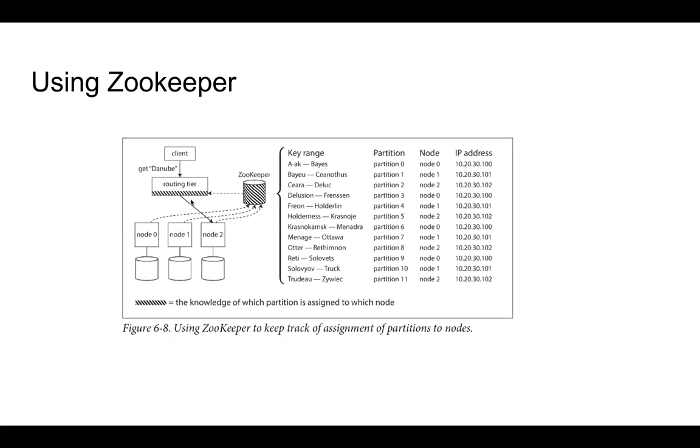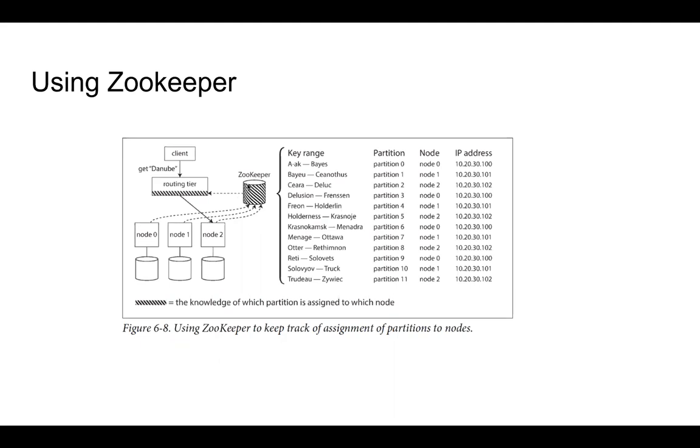In HBase, there is no routing tier. Each region server has that information; each region server reads it from Zookeeper and routes the request.